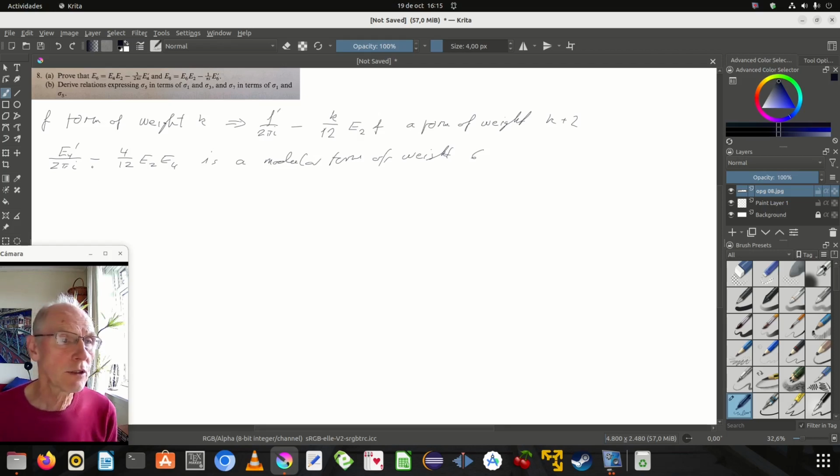And we know it has to be proportional to E6 because the space of modular forms of weight 6 is one-dimensional. So we just need to find the constant C.